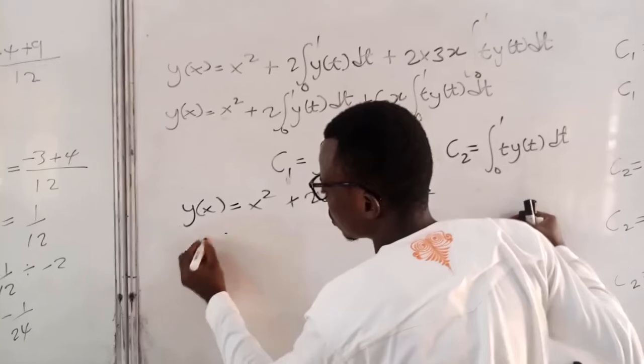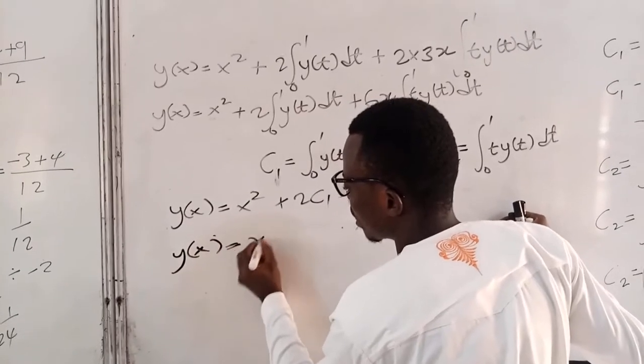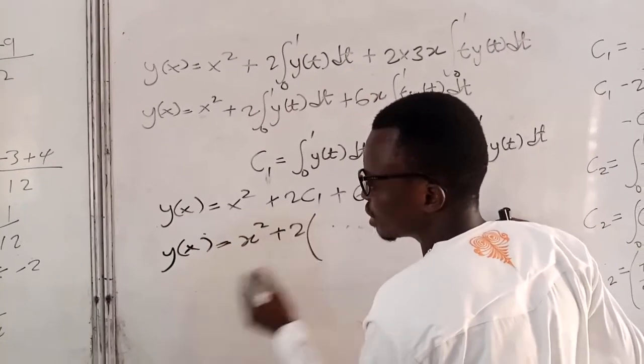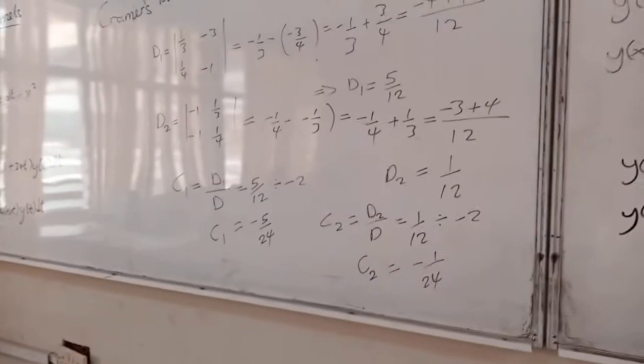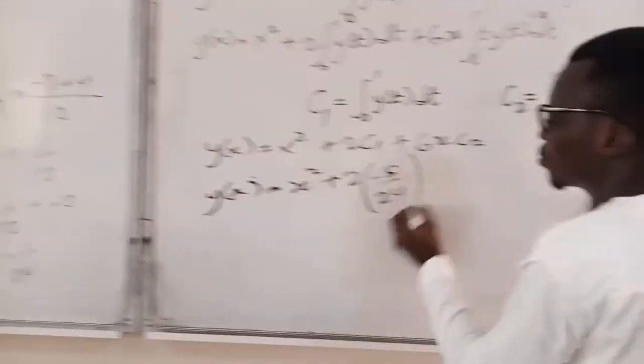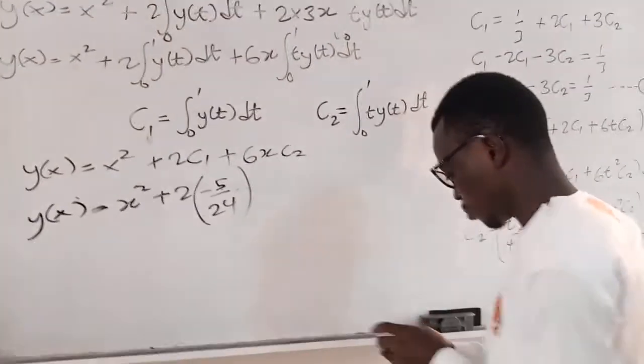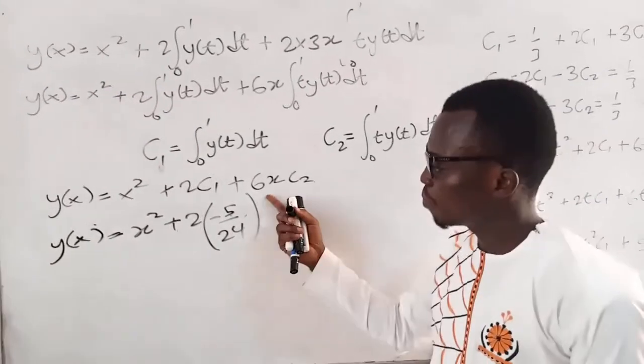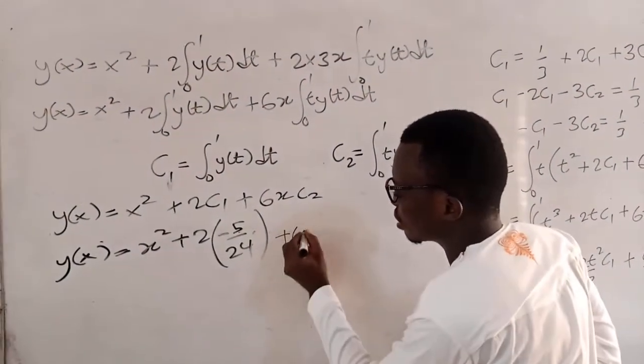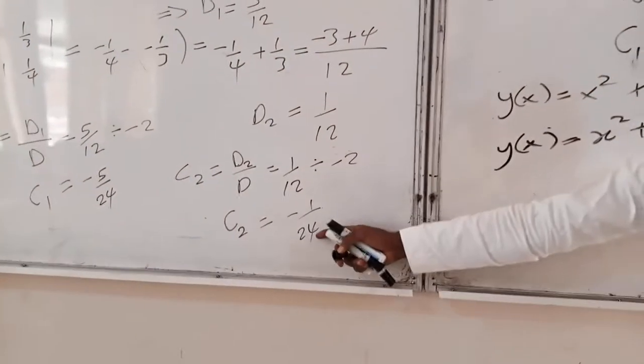So y of s becomes s squared plus 2 into bracket c1, which is minus 5 over 24, then plus 6s into bracket c2, which is the same as minus 1 over 24.